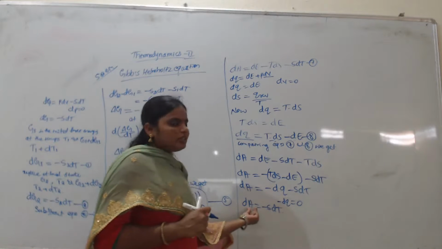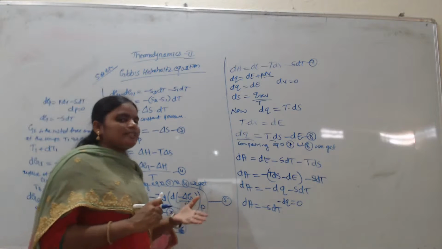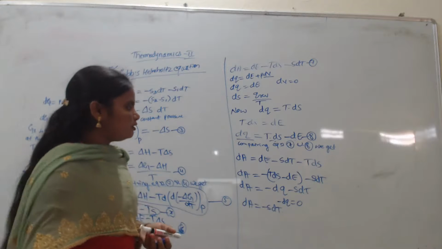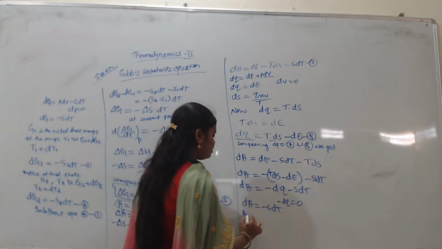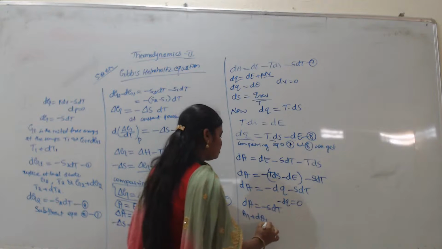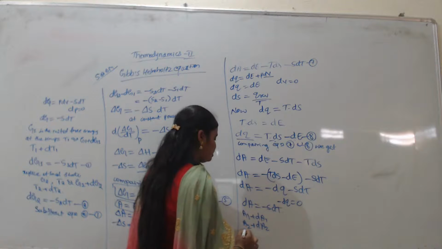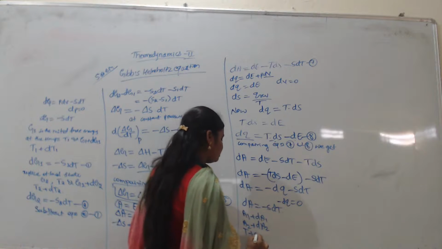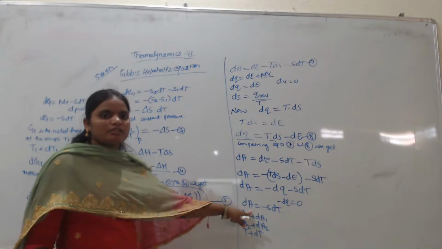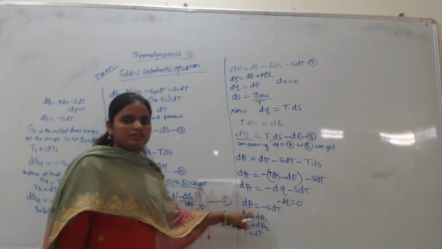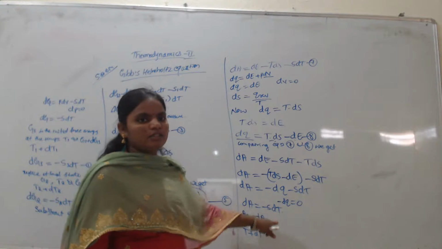A1 is the initial state and A2 is the final state, at the temperature T plus dT. According to this equation, we get dA is equal to minus S into dT.